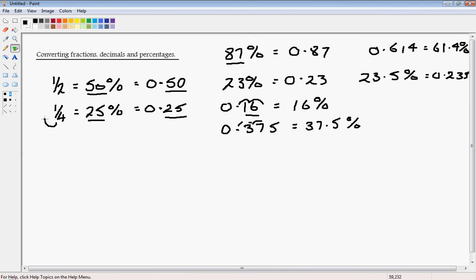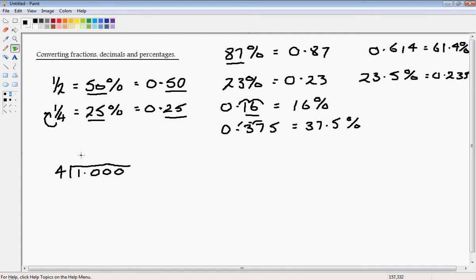We divide the bottom number into the top number. So when you do this, it should look wrong, okay? Because we're dividing 4 into 1, and we know we can't do that. But after the 1 is a decimal point and an infinite number of zeros.